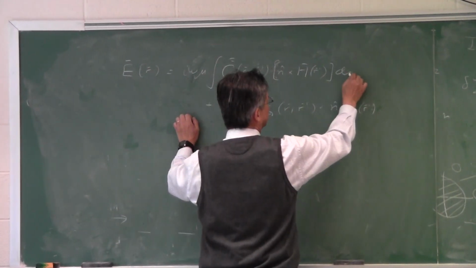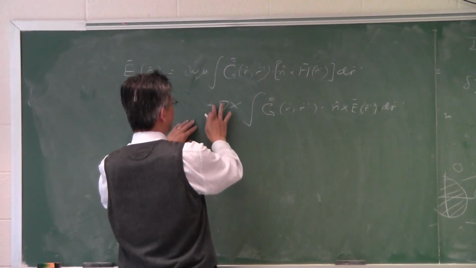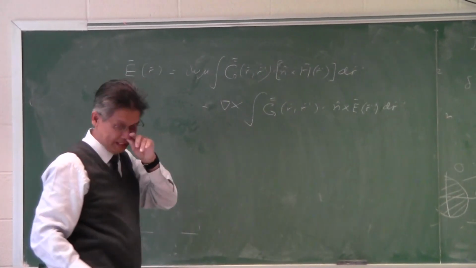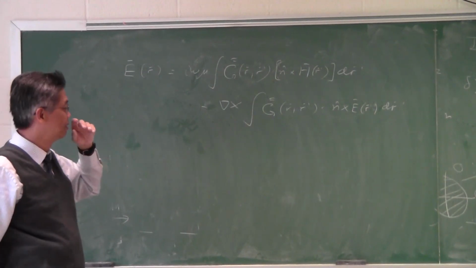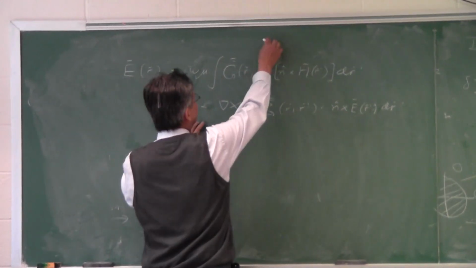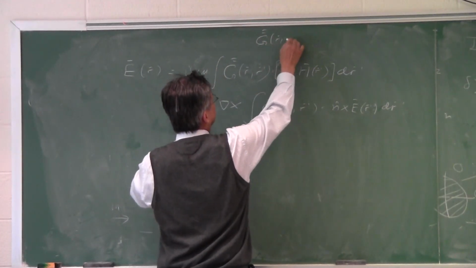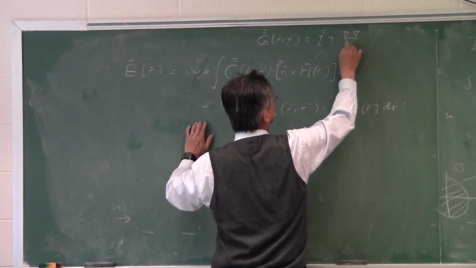And this would be dr prime, dr prime. And then maybe there's a minus sign here. But then if you look at Jackson, his notation looks quite different. So let's elaborate as to why that's the case. And of course, G, according to what I have in my book, is this function over here.